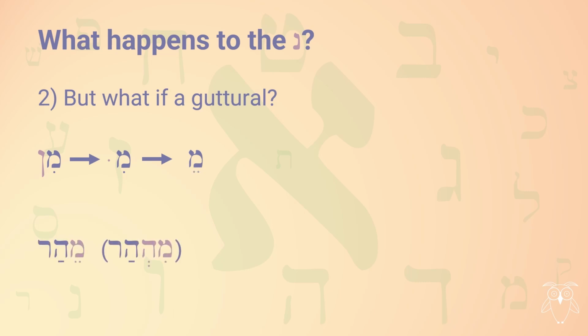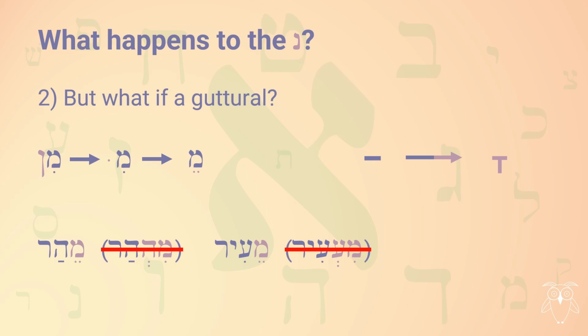Like here, mehar, from a mountain instead of mihar. Or here, meir, from a city instead of mir. This is kind of what we saw with the definite article, where the dagesh forte sometimes turns a patach into a kametz. Here it turns a hirek into a tzerei.